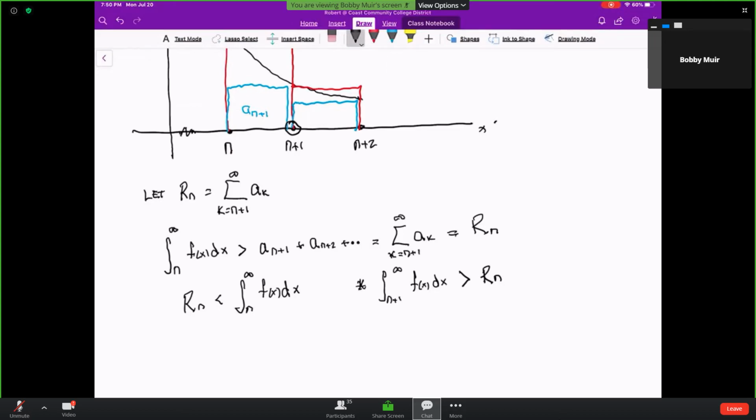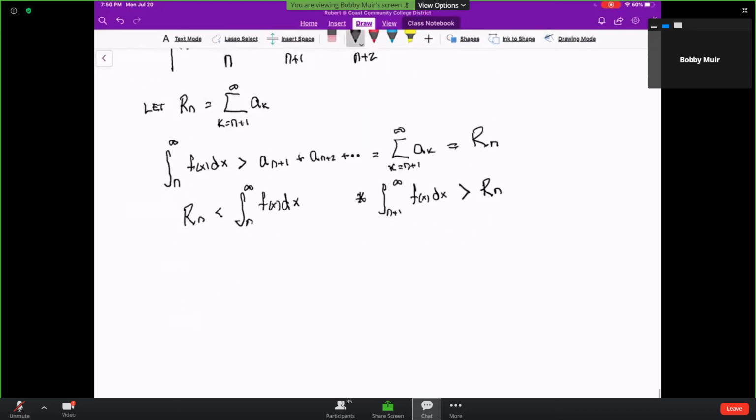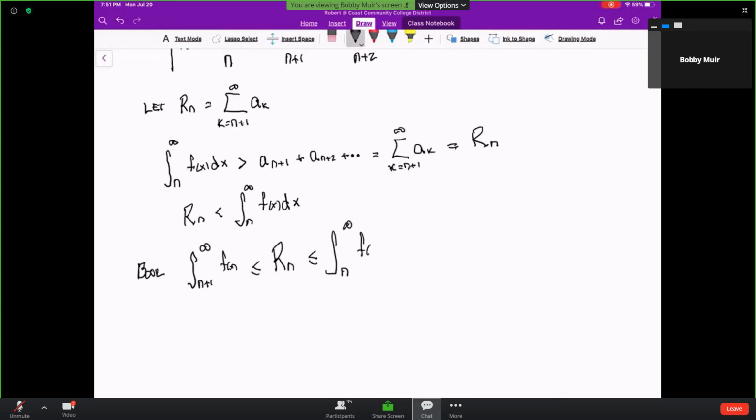Or wait a minute, less than R_n. Let me just write down what he says in the book, all at once. The integral from n plus 1 to infinity of f of x is less than or equal to R_n, and R_n is smaller than or equal to this integral.